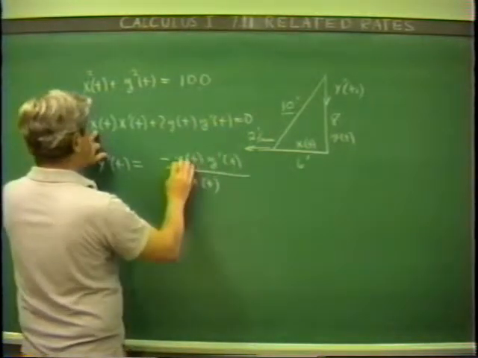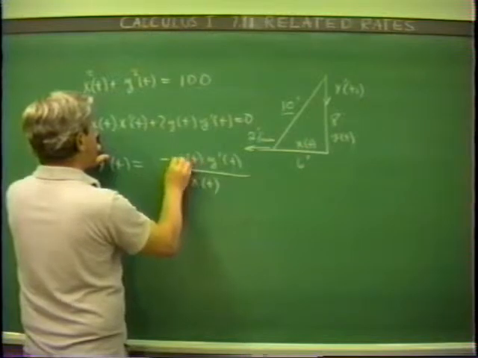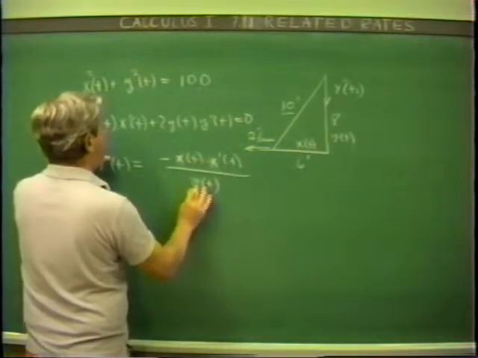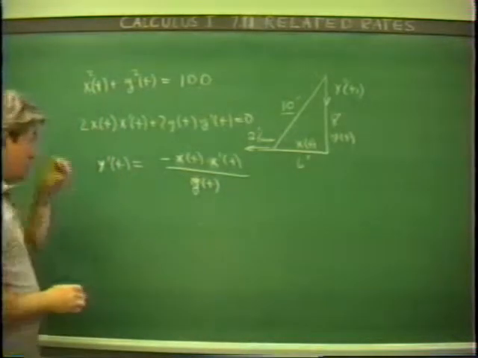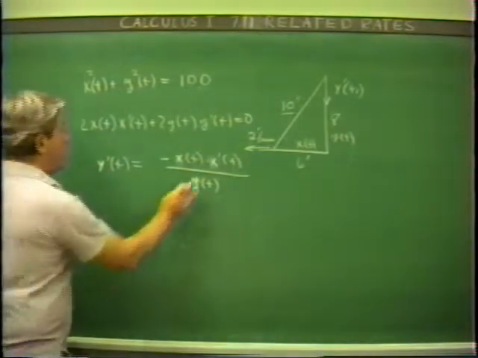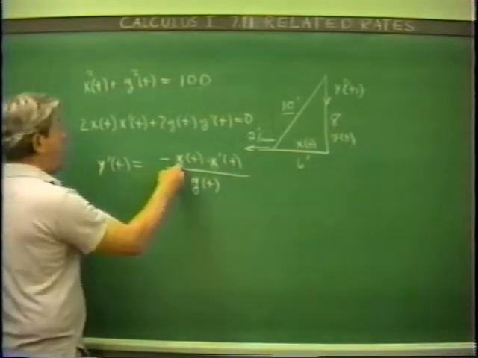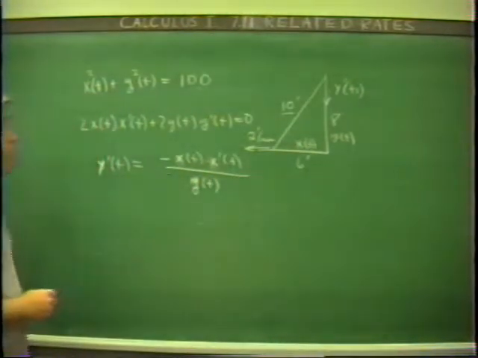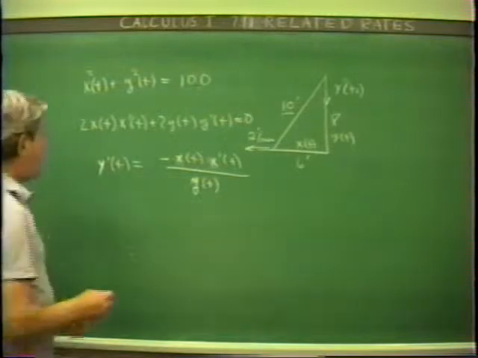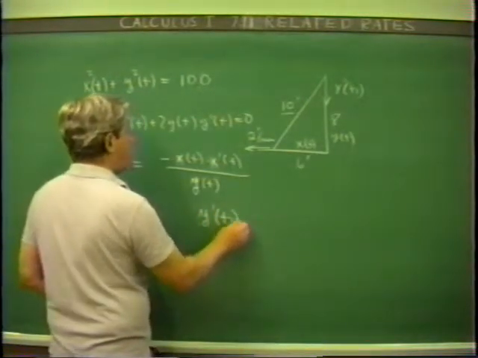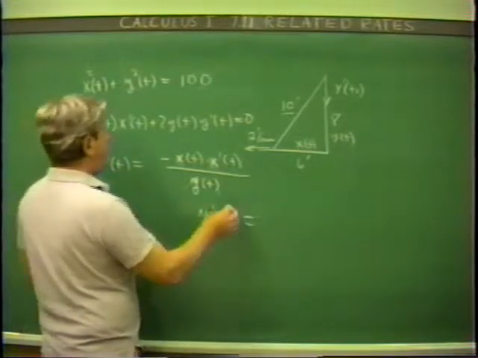So y prime of t is equal to minus x of t, x prime of t, divided by y of t. So this then gives an equation for y prime of t at any time t in terms of x, x prime, and y.